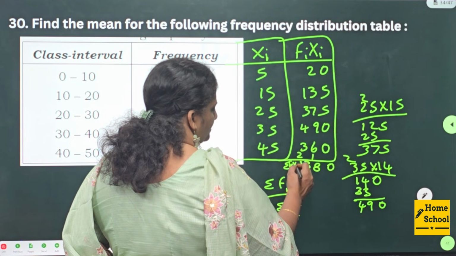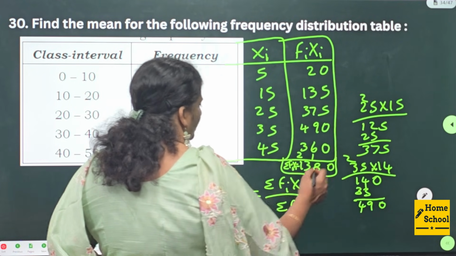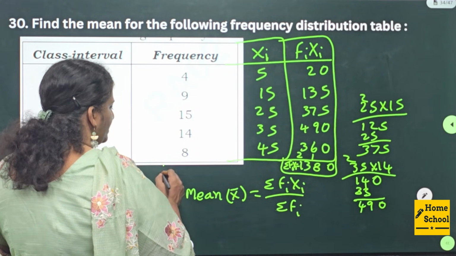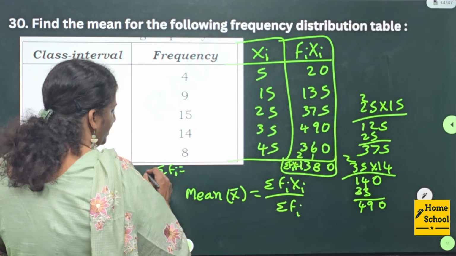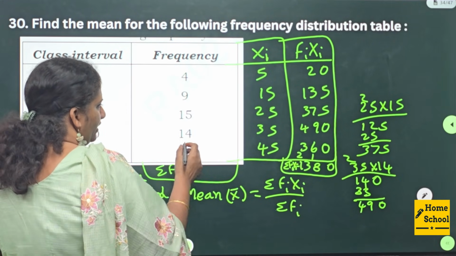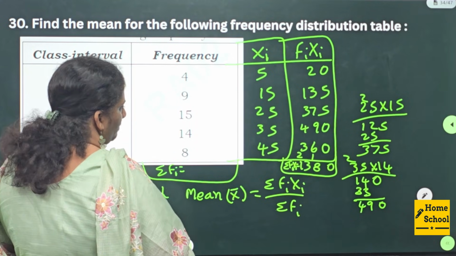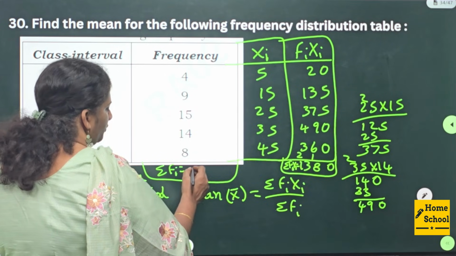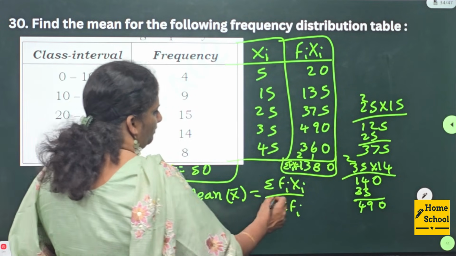Summation Fi Xi is equal to 1380. And in the same manner, we need summation Fi also here in the table. 4 plus 9, it will be 13. 13 plus 15 will be 28. 38, 42. 42 plus 8 will be 50.